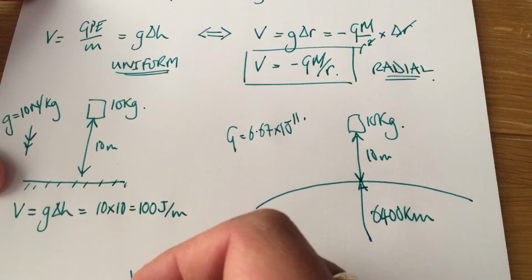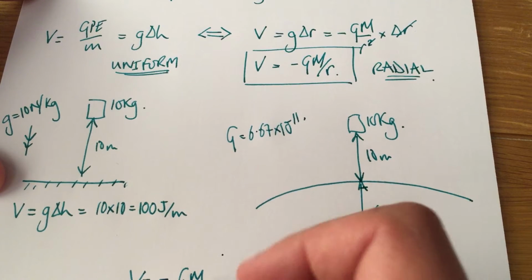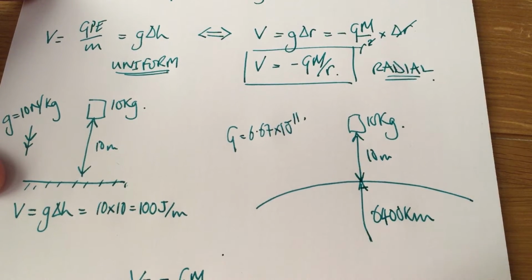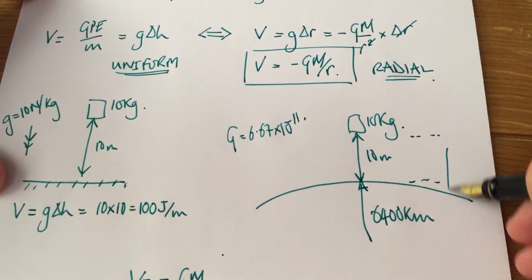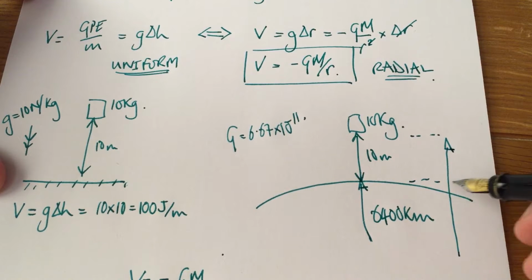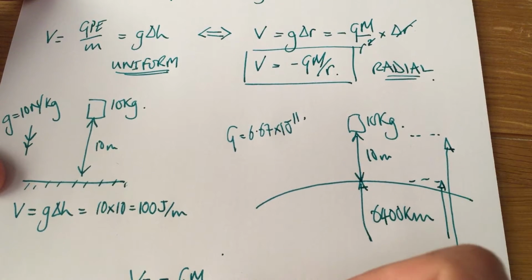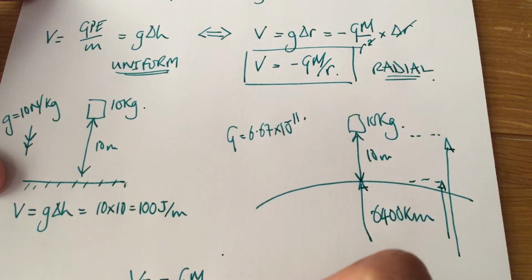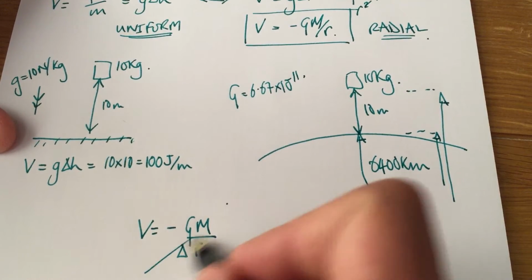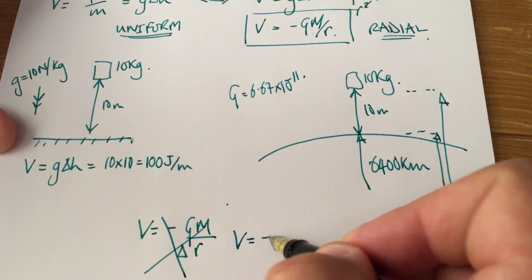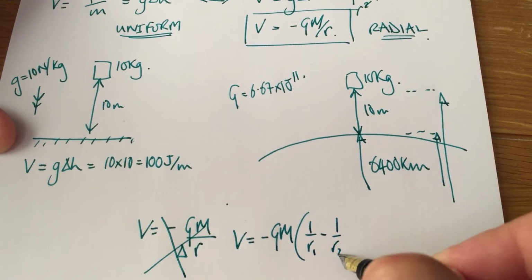So what's my potential? My potential is going to be minus GM over r, but I'm looking for the change from the centre in both cases. So I've got to look at the difference between this one and this one. I can't simply do that; that does not work. What I need to do is GM times 1 over R1 minus 1 over R2.